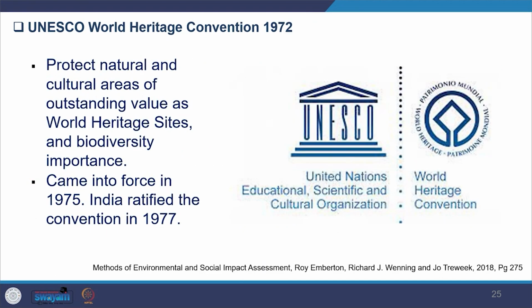Further, we also see the UNESCO World Heritage Convention, 1972. The convention targets to protect natural and cultural areas of outstanding value as World Heritage sites. You can see some sites identified because of their biodiversity importance.